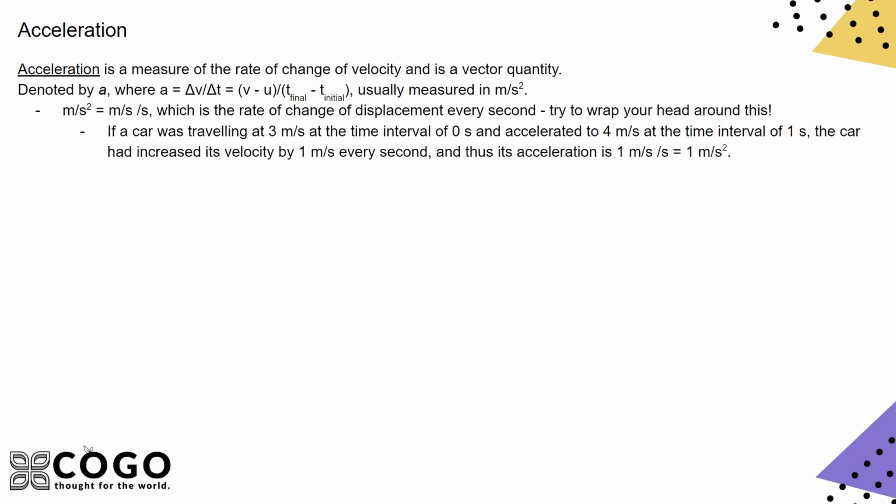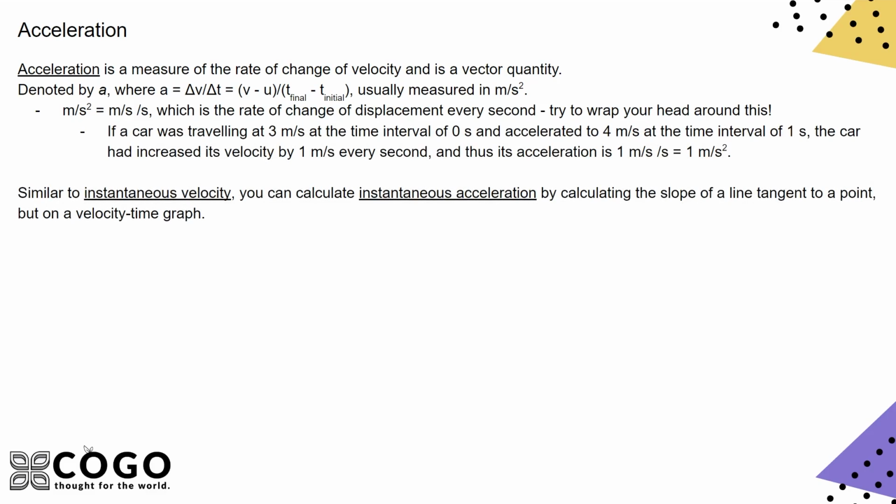For example, if a car was traveling at 3 meters per second at the time interval of 0 seconds and accelerated to 4 meters per second at the time interval of 1 second, the car has increased its velocity by 1 meter per second every second, and thus its acceleration is 1 meter per second per second, which in simple terms is just 1 meter per second squared.